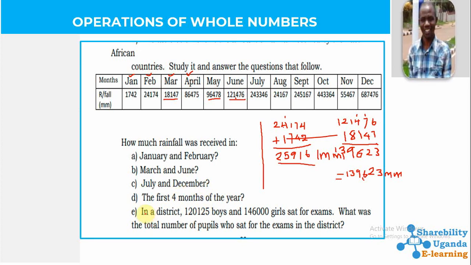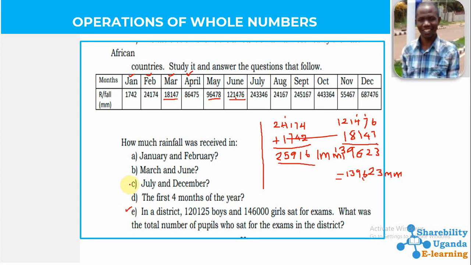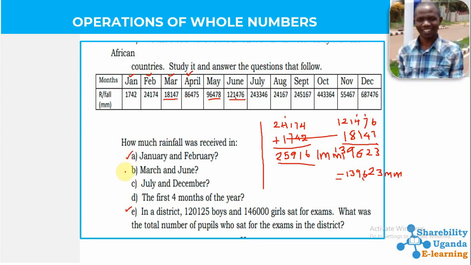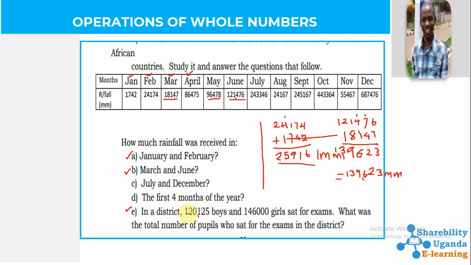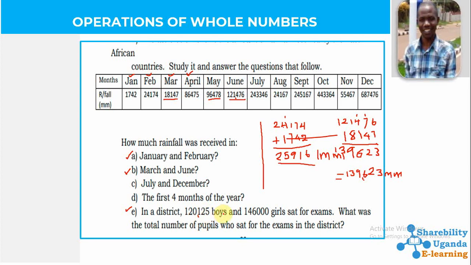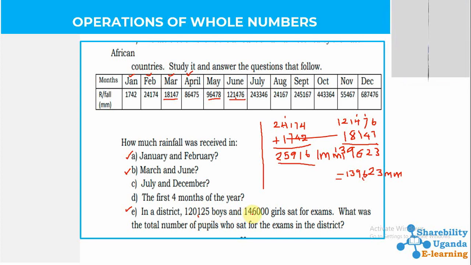So I'm going to do out this. So our part E, I've tackled this and also this. So we are saying our part E, in a district, we have 12,125 boys, and also I will have 146,000 girls.